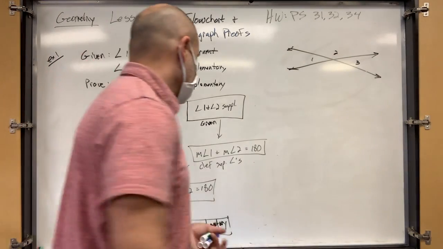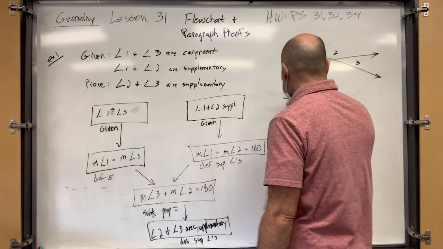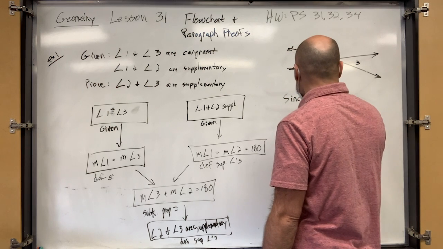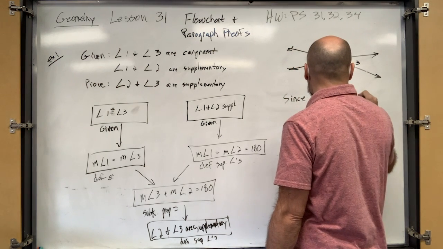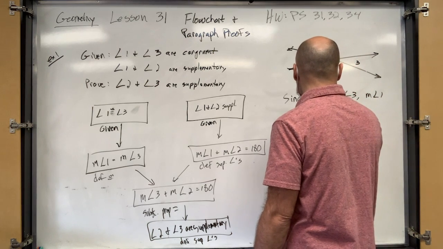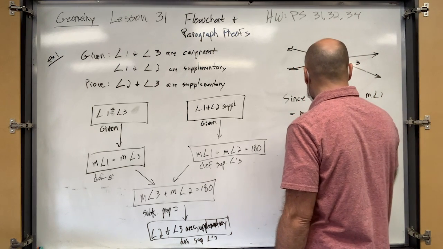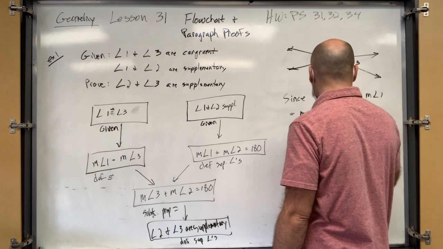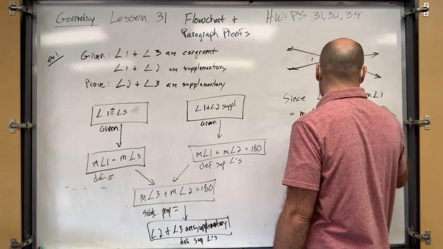I could just spell it all out. I could say, since angle 1 is congruent to angle 3, measure of angle 1 equals measure of angle 3 because of the definition of congruency.